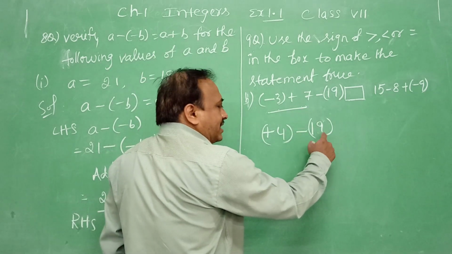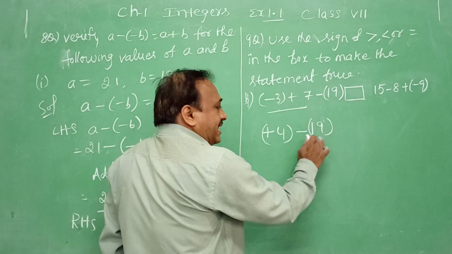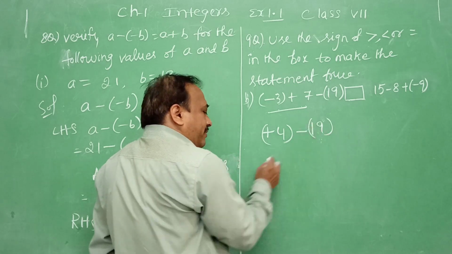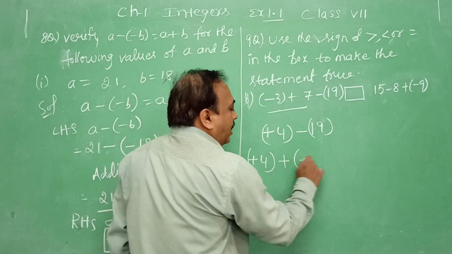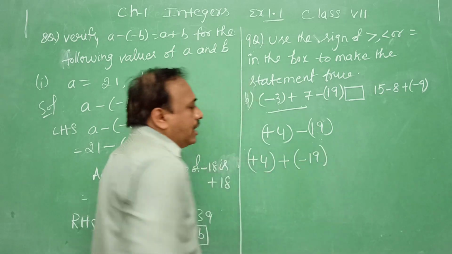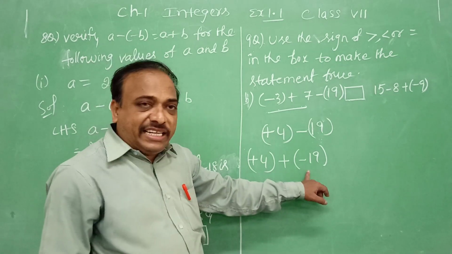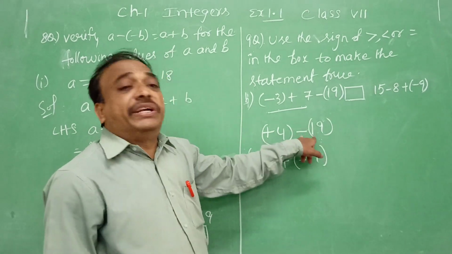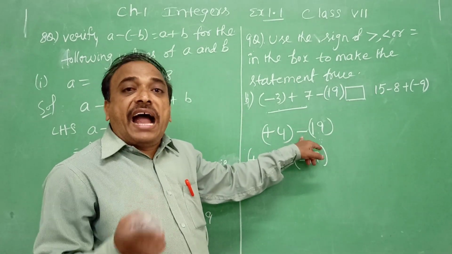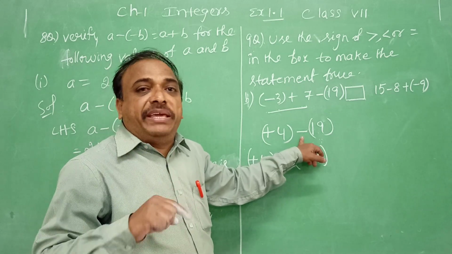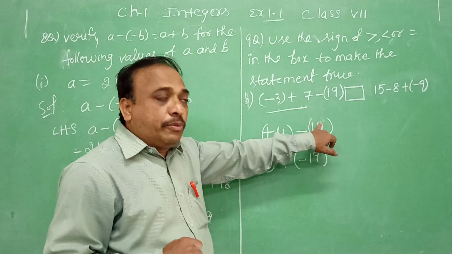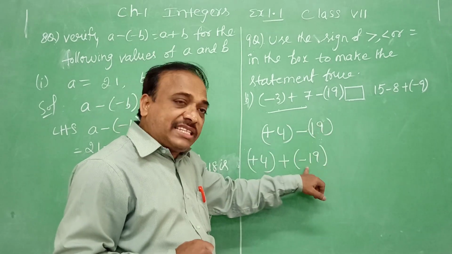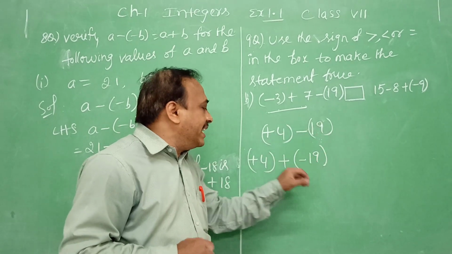For this, what sign does it have? Plus sign. What is the additive inverse? Minus. So plus 4 plus minus 19. Can you say how we got this minus 19? Subtraction of integers is nothing but adding the additive inverse of the number being subtracted. So 19 has a plus sign, its additive inverse is minus 19, and we are adding that.